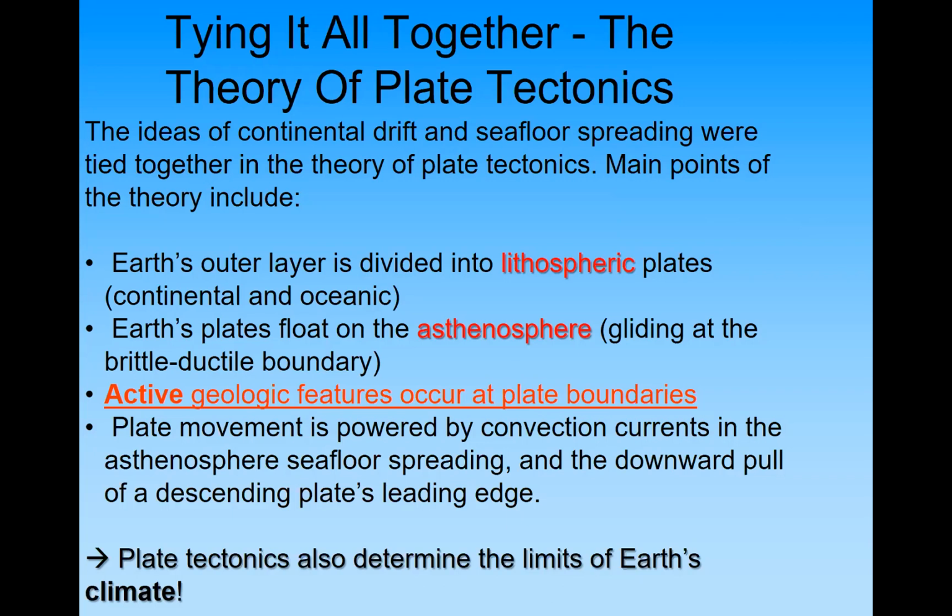Whereas the lithosphere, when it moves, has to break apart and there's massive seismic energy released. So the ocean plates and the continental plates are floating on this asthenosphere, gliding along on this boundary between the brittle and the ductile material.